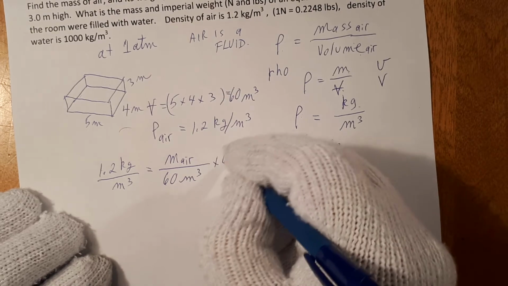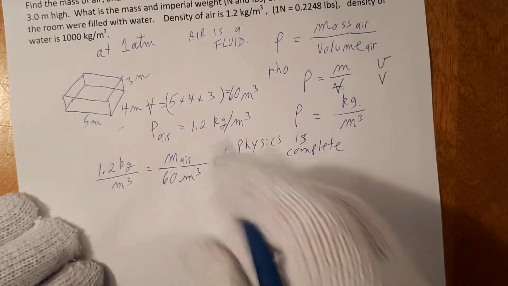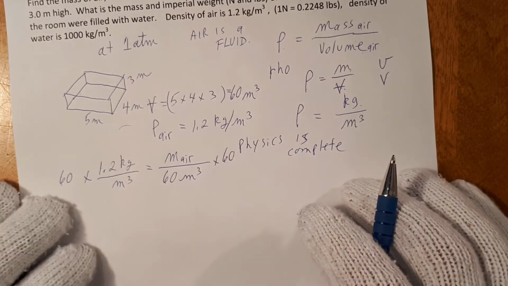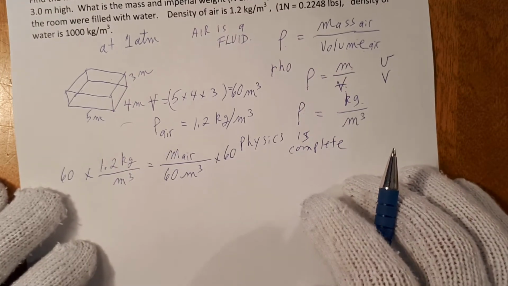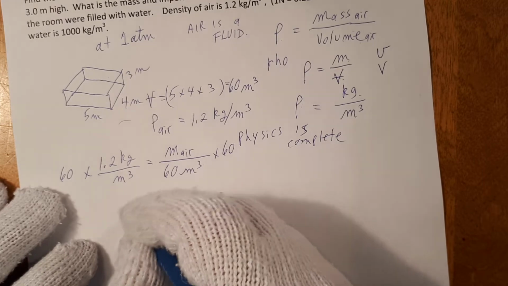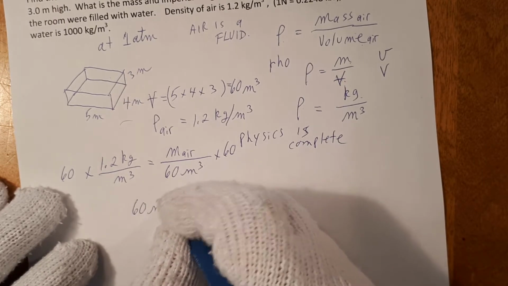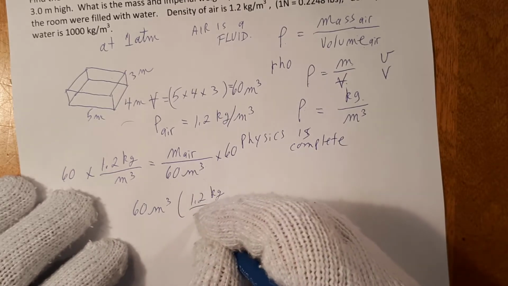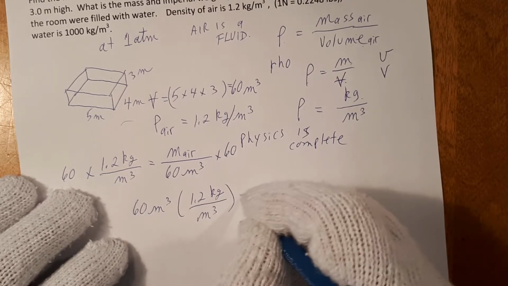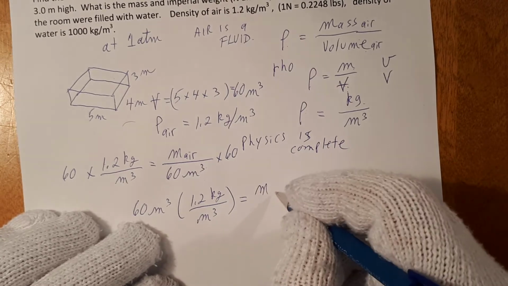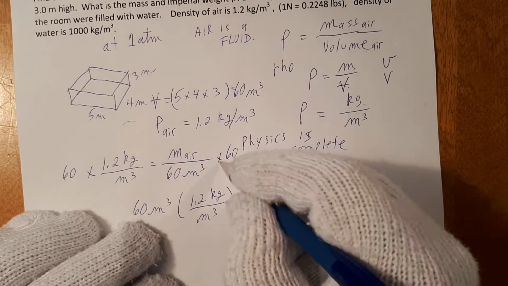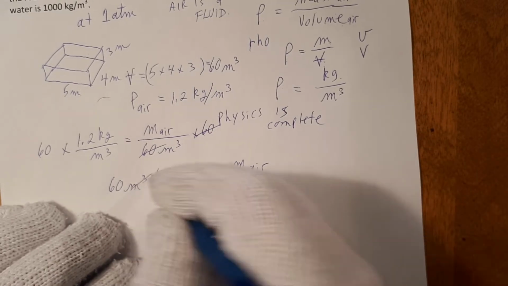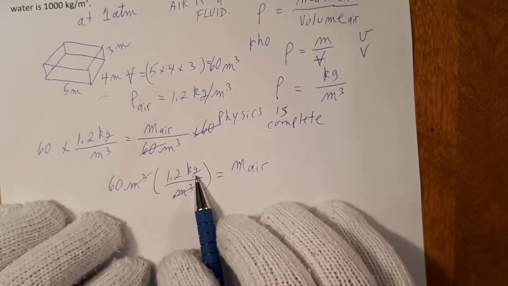If I multiply this by 60 cubic meters, whatever I do to the right-hand side, I must do to the left-hand side. So multiply this by 60 cubic meters. And it will look like this when we're done. 60 cubic meters times 1.2 kilograms per cubic meter is equal to the mass of the air. Cubic meters and cubic meters will cancel out, leaving us with just kilograms.